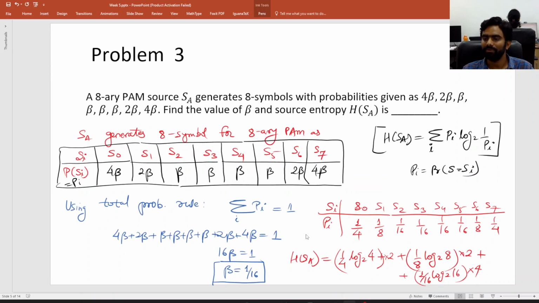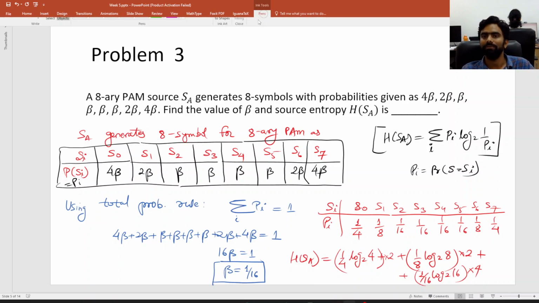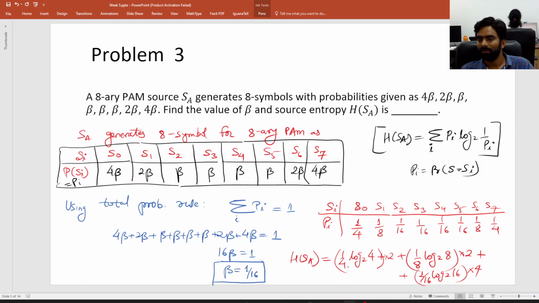Now solving this one, if you are writing, directly solve here. Also solving this one, so it would be half with 4, and 4 times it will be 1 by 4.